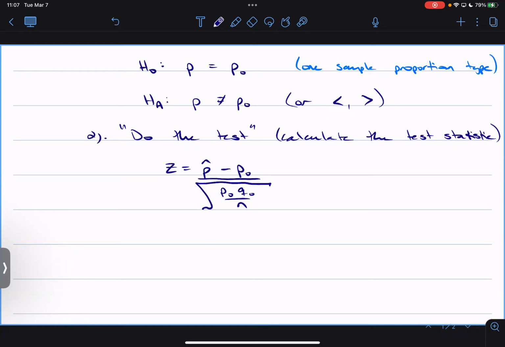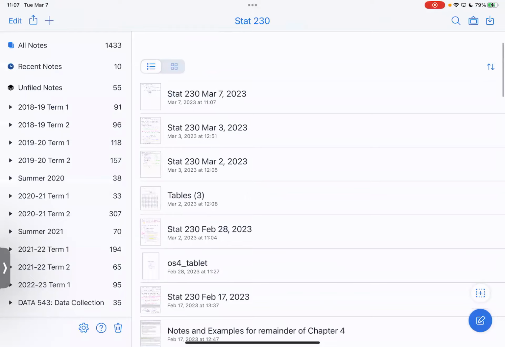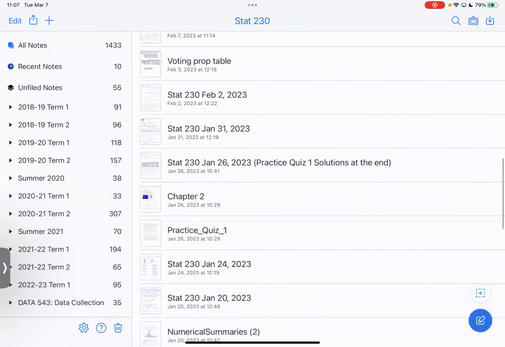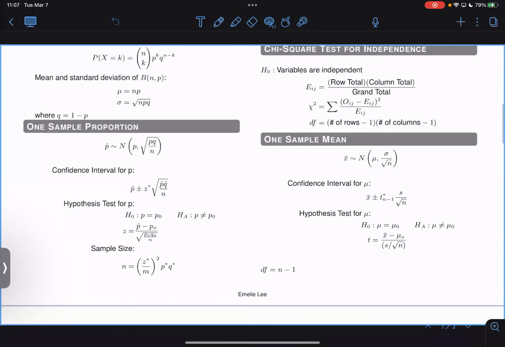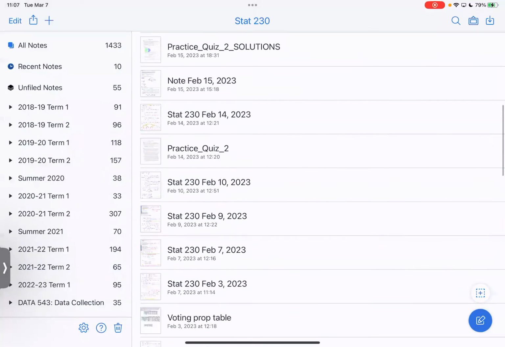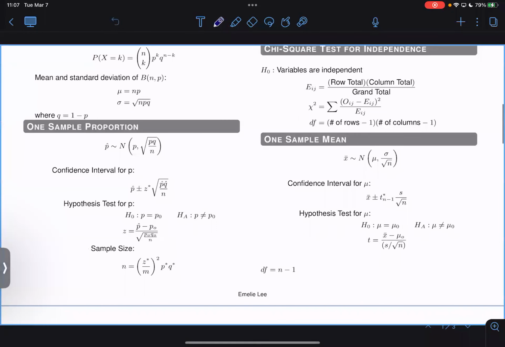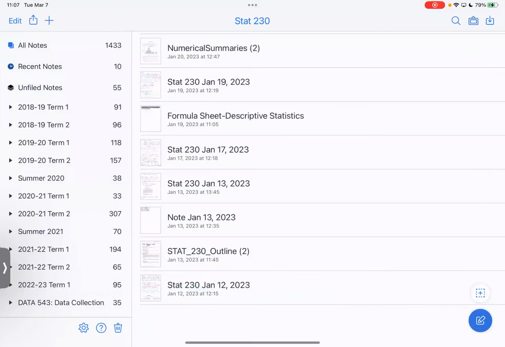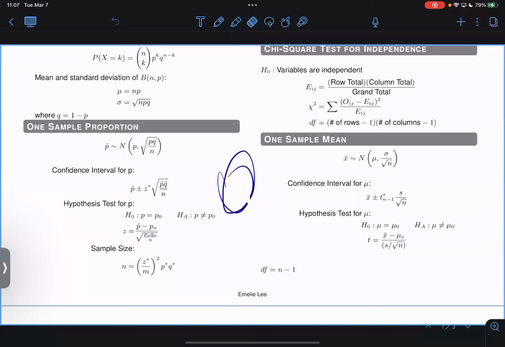What I think I didn't get to last day is point you towards the formula sheet. It's probably down here somewhere. Let me show you, and maybe I'll scribble on it to bump it to the top, then erase it.